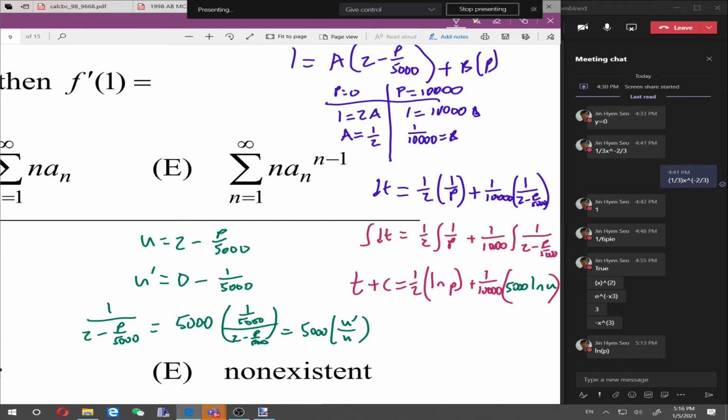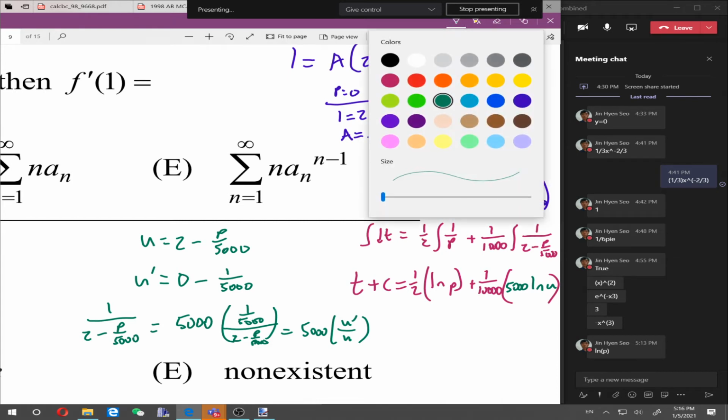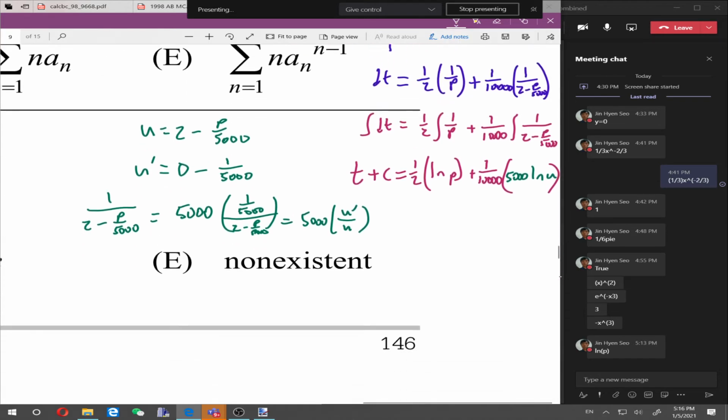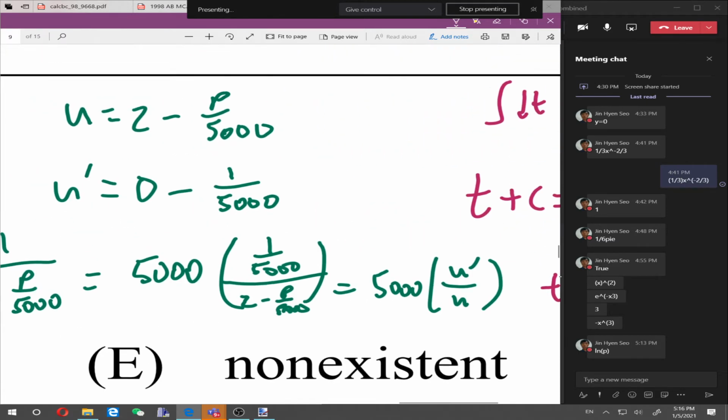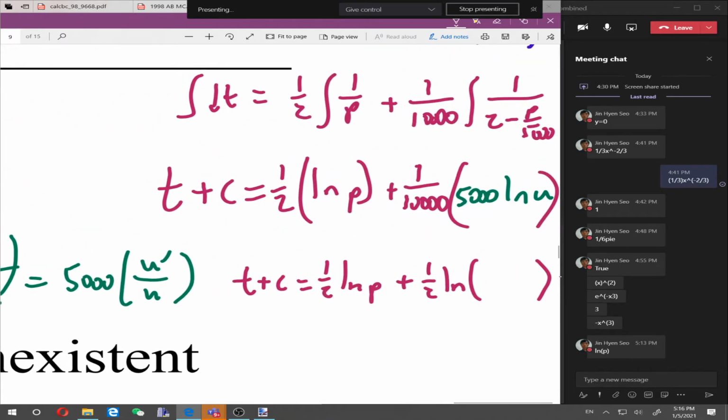Okay, I'm going to make some substitutions, and we will solve for p. So just substituting first, t plus c is equal to, this is 1/2 times ln p plus 5,000 over 10,000, so 1/2 natural log of u, which we said was 2 minus p over 5,000.